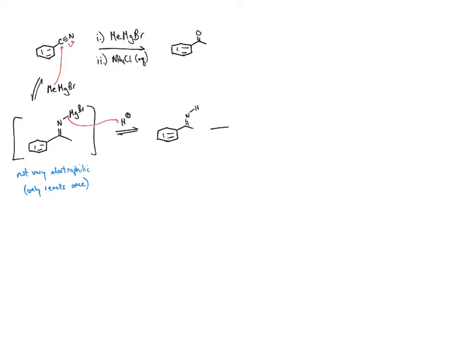And then we're going to protonate it again. Right? And we protonate it again under acidic conditions, we're going to get an iminium ion. And this iminium ion is reactive.